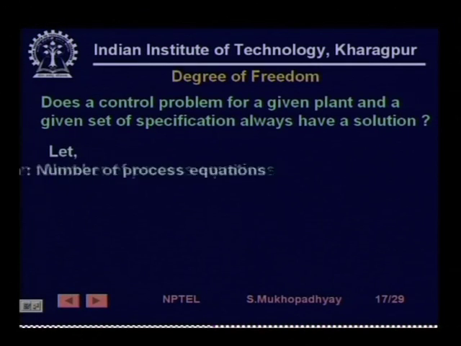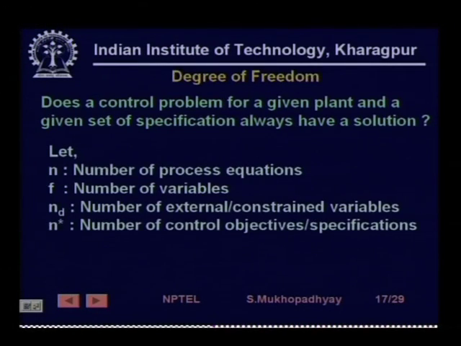Then given this situation, is it possible to independently set values for, let us say, some temperature and some level? Such questions, what is possible to achieve, what kind of control objectives are possible given the situation with control, that is degrees of freedom. That is very important to understand before setting the control objectives.